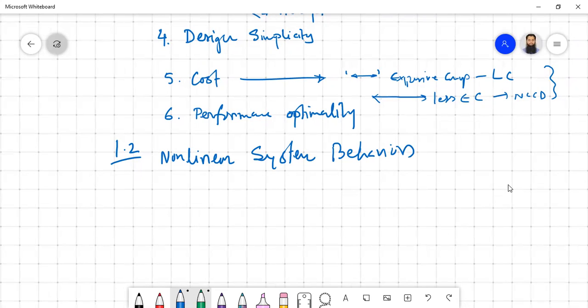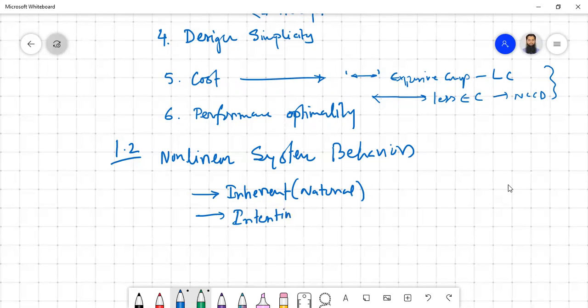They can be classified into two: inherent or natural, or intentional or artificial.